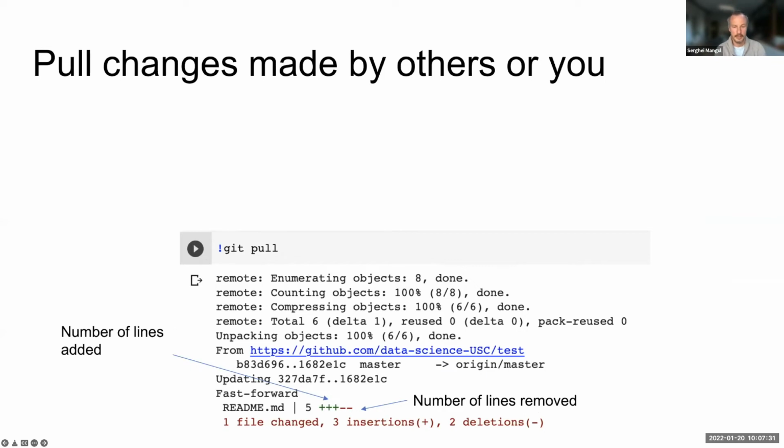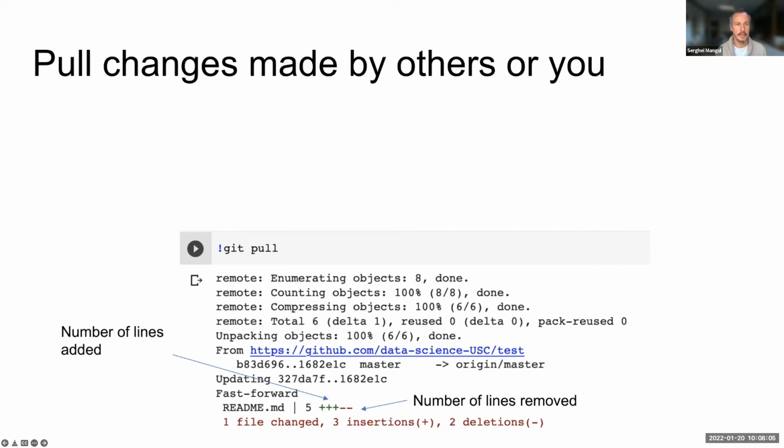So for example, you can see that you have taken 3 new lines, but another 2 lines were removed. So you can get the idea of how severe the changes are. And you can see a summary like this: 1 file changed, that's our README file actually. We got 3 insertions and 2 deletions, okay? By deletion, we mean the entire line. So you get a good summary that gives you a good idea.